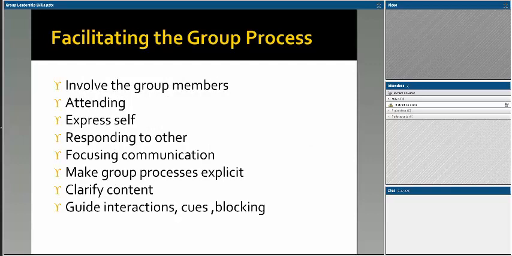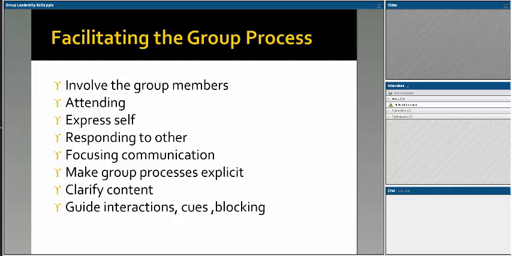You also have a role of attending to the group process. So making sure that all your members are involved, that you're using your attending skills, paying attention to verbal as well as nonverbal cues, being able to express yourself and ensuring that others have the same types of responses, responding to others, focusing the communication.